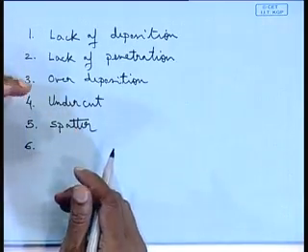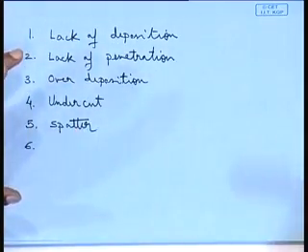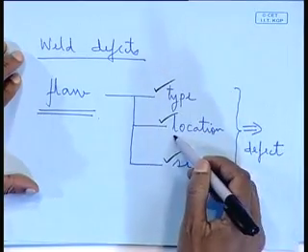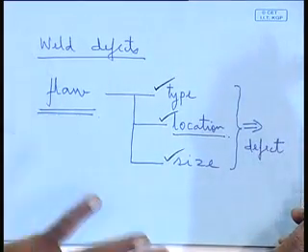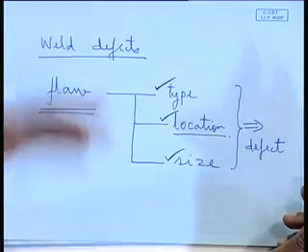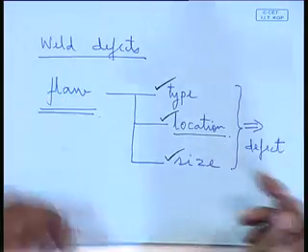I am trying to sort of group them, you see. Again, if you go by location, some will be surface defects, some will be internal defects. Depending on the type of surface defect or internal defect, you will have different methods and mechanisms to find them out. So, we are trying to group them as the surface defects, then we will go for the internal defects.